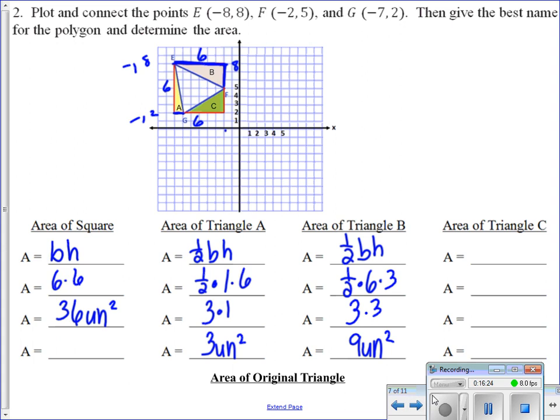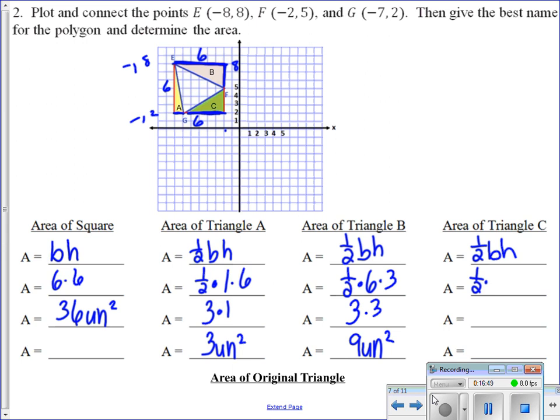Let's take a look at triangle C. The area of a triangle is 1/2 base times height. What is the base here? Just that part. It doesn't go all the way across.